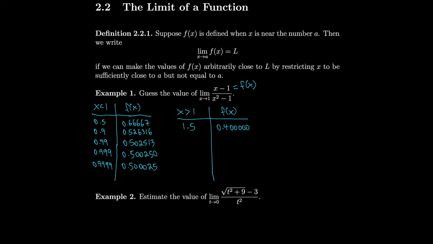So that's a little bit far from 0.5, but it makes sense to be far from 0.5 at this point, because it's just like when we plugged in 0.5, it wasn't exactly 0.5 at that point. It was 0.66667 when we evaluated it. So let's get closer to 1. Plug in 1.1. We get 0.476190. So it looks like we are getting closer to 0.5.